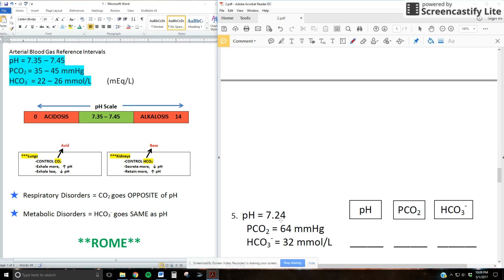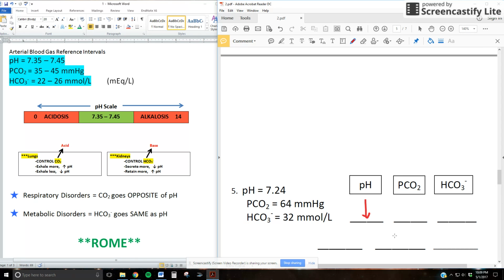Looking at our pH, 7.24, it's decreased. So we know it's acidosis. PCO2, 64, it's increased. Bicarb, 32, it's increased. All right, so what's going on here?